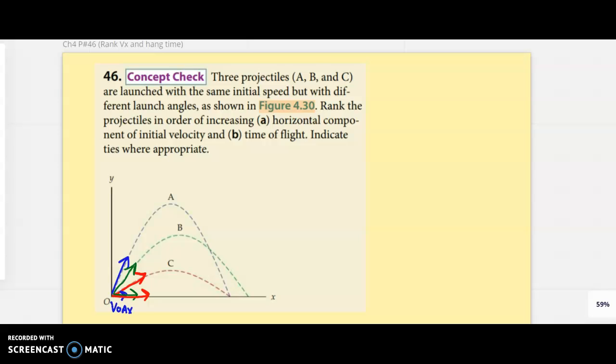So we're ranking them in order of increasing. The way I said them was initial velocity A in the x direction is smaller than initial velocity B in the x direction is smaller than initial velocity C in the x direction.